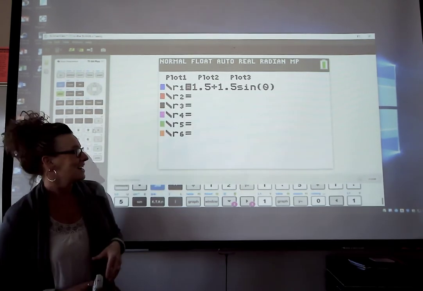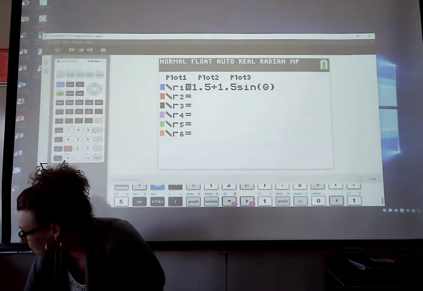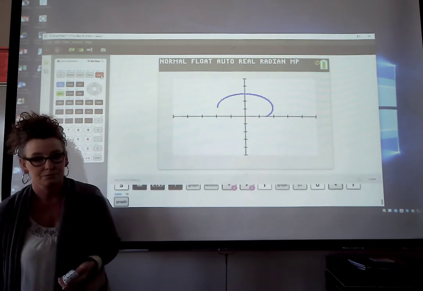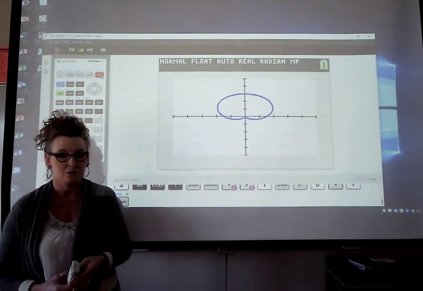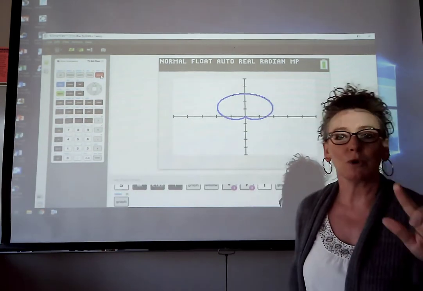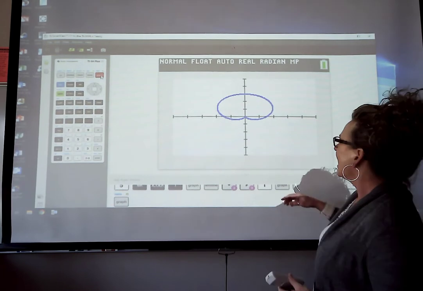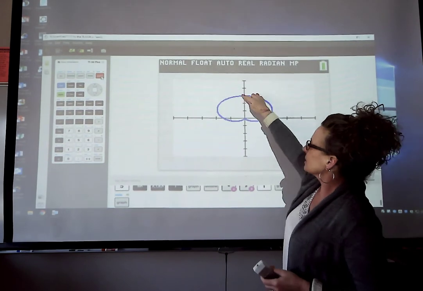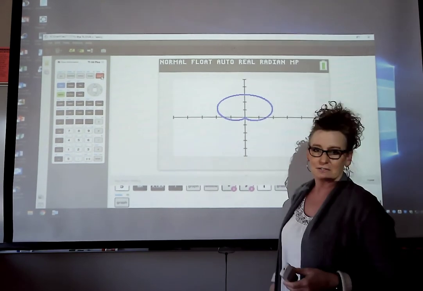Okay. So one more time. I slowed mine down a little bit. There we go. Notice, I bet it didn't start where you thought it was going to start. I think it started right here on the x-axis and went around and did that and finished off there.